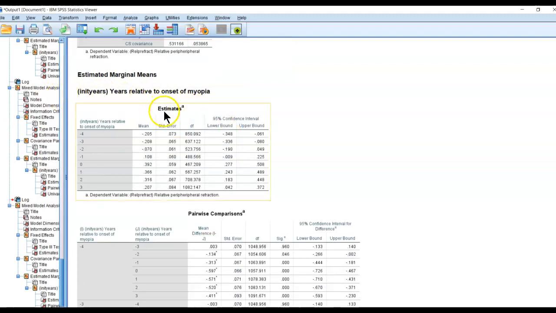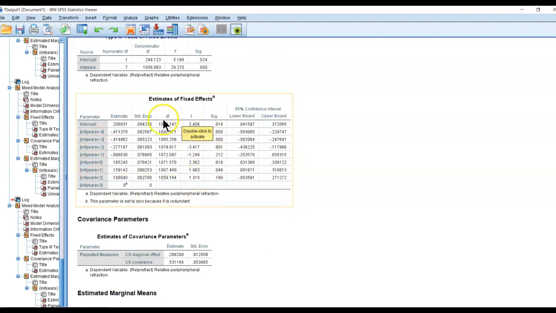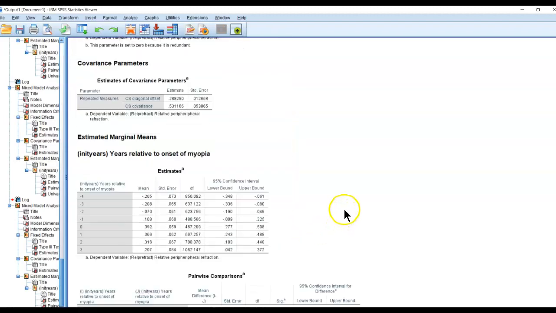Next we come down to estimates. Now it's important to realize that if you did descriptive analysis on this relative peripheral refraction, if you took just the mean from the raw data, all these numbers would not be the same. These numbers come from this regression model. So for year 0, it's 0.2 minus 0.41 or minus 2.05.